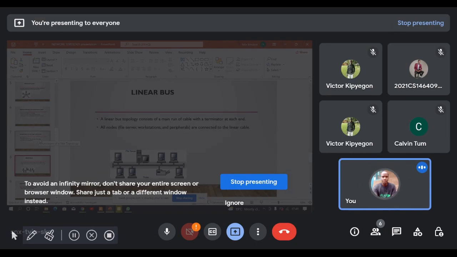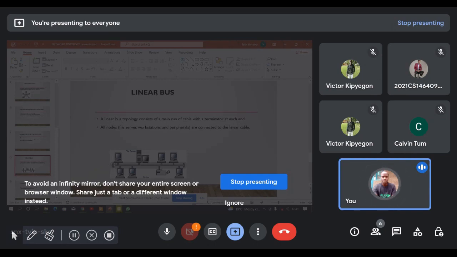Now we go to the linear bus topology. From the word linear, you understand it's something straight. A linear bus topology consists of a main run of cable with a terminator at each end.